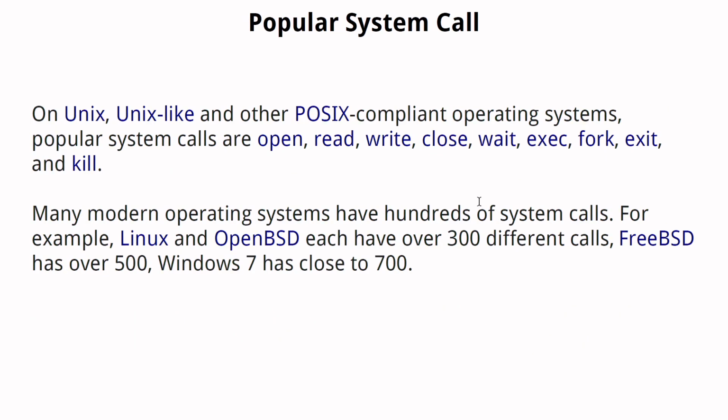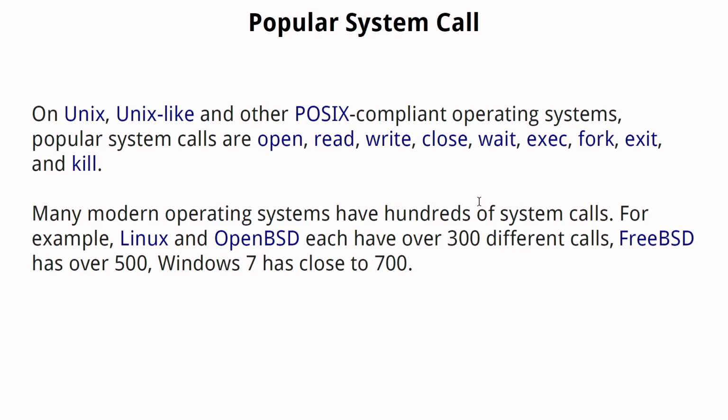So on Unix or Unix-like systems, there are usually hundreds of system calls. So the OS provides hundreds of interfaces for the applications. You may already know some of them. Open, read, write, close. Those are system calls to handle a file descriptor, right? Then there is wait, execute, fork, exit, kill.